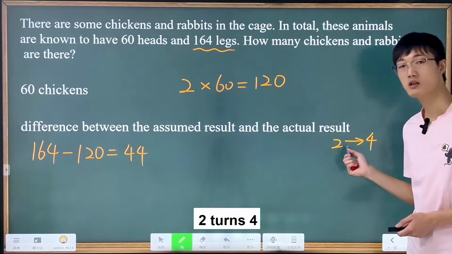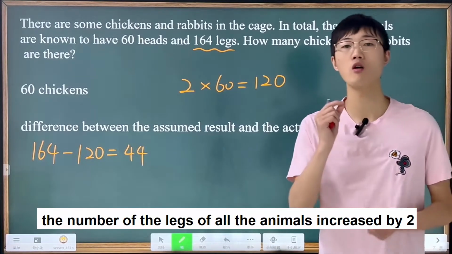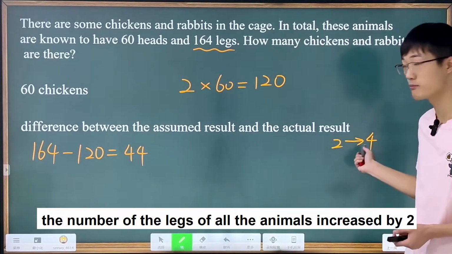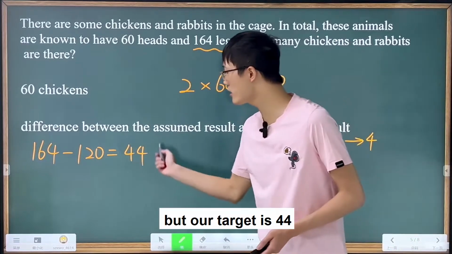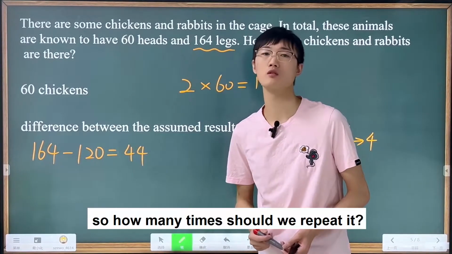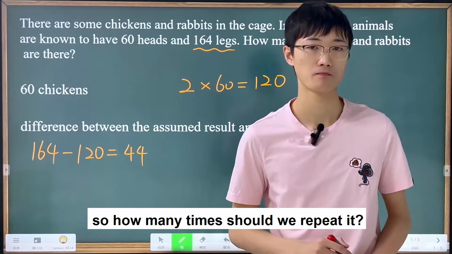So 4 minus 2, the number of the legs of all the animals increased by 2. But our target is 44. So how many times should we repeat it?